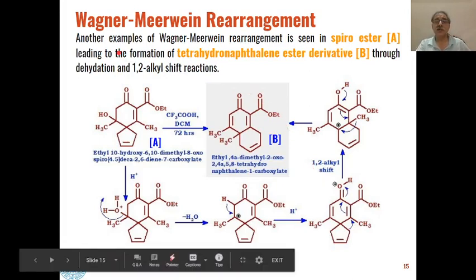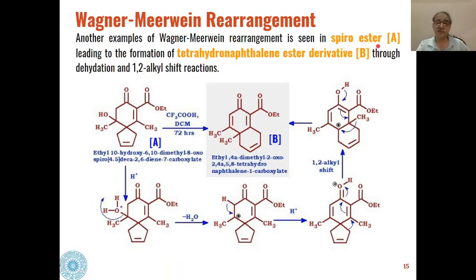The next is the example of spiroesters. They are converted into tetrahydronaphthalene ester derivatives through Wagner Meerwein rearrangement. So here also what happens is when these types of spiroesters are reacted under acidic conditions, they are converted into these types of tetrahydronaphthalene ester derivatives.